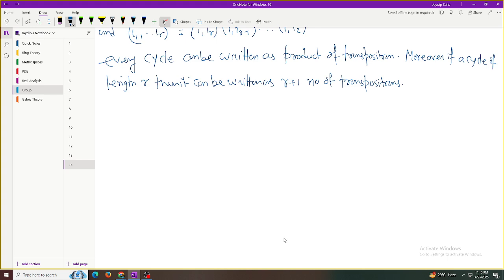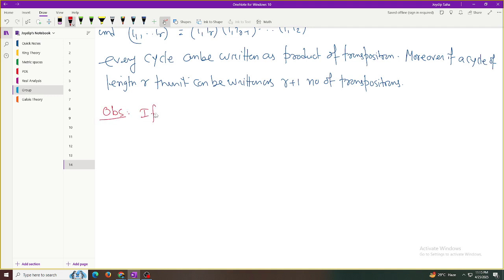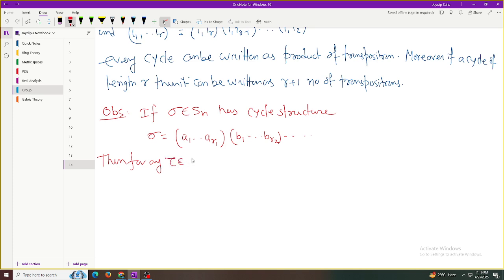Now note another observation: if sigma belongs to Sn has cycle structure sigma equals (a1 ... ar1)(b1 ... br2) and so on, then for any tau belongs to Sn, tau sigma tau inverse has the same cycle structure.